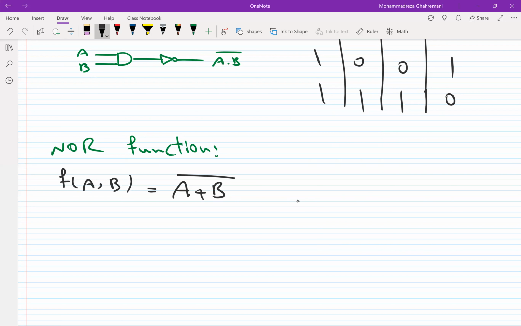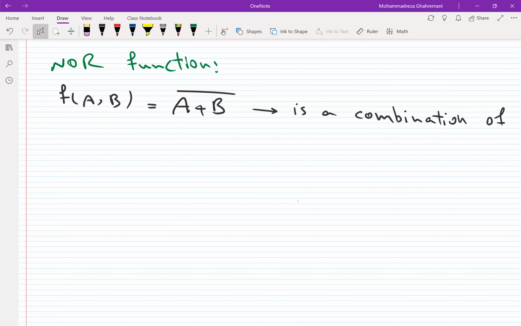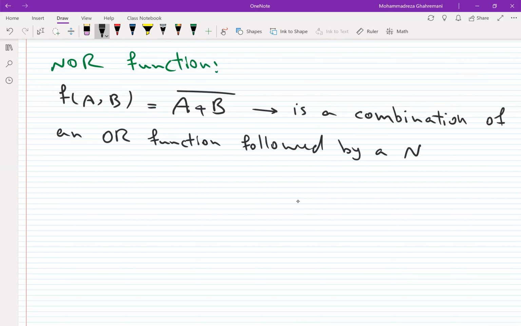So we can say a NOR function is a combination of an OR function followed by a NOT function.